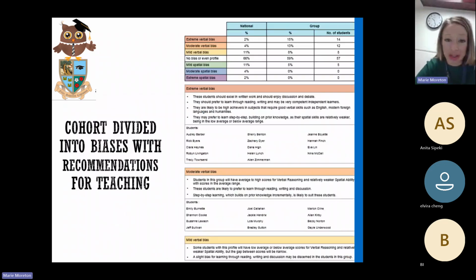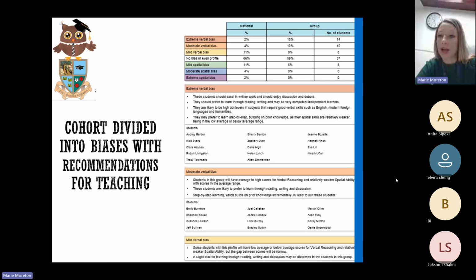It gives you information here about the biases as well. So it gives you a list of names of children that fall into this category. So children who have an extreme verbal bias, so that they're much better verbally than they are spatially, tend to be those who really excel in written work. They enjoy discussion, they enjoy debates.